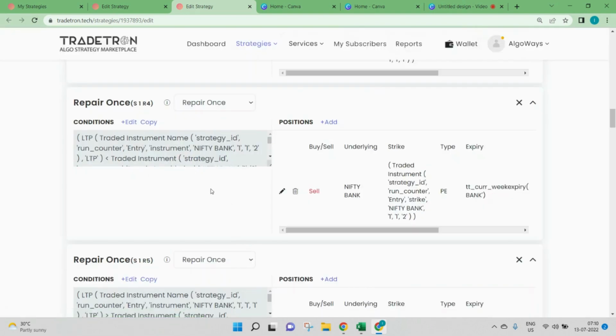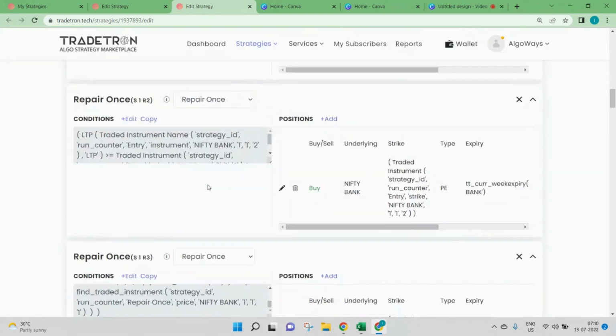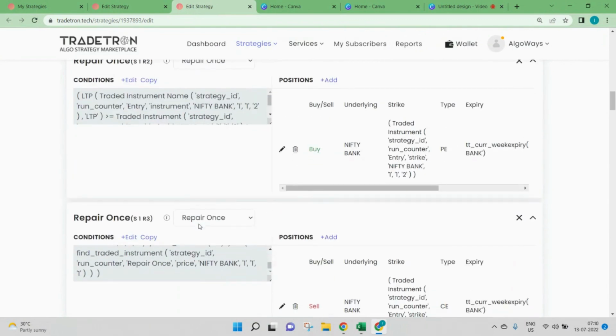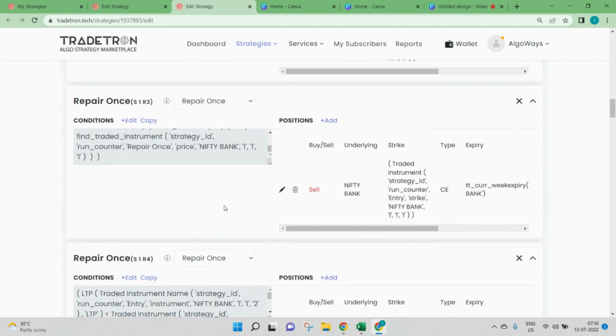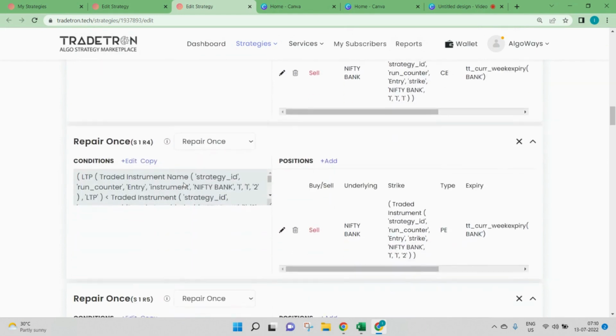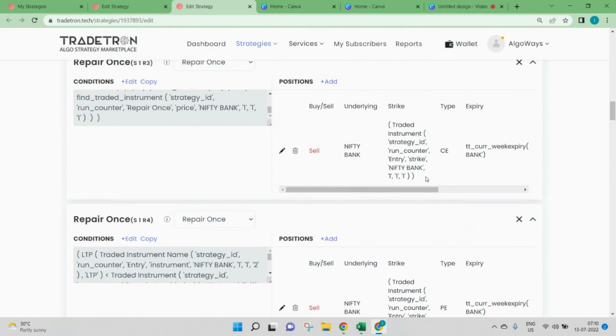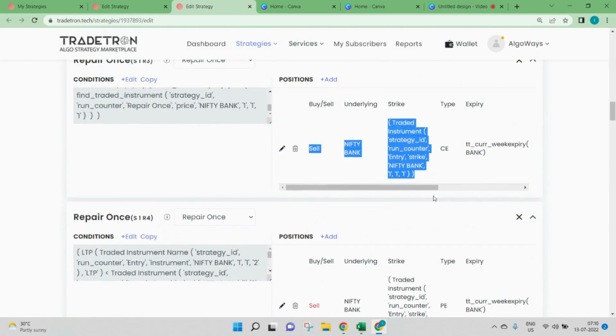Right? So in this case, what we have done, we have exited the legs at 20% stop loss. We have shown how to re-enter legs if the premium retraces down to 85% of the stop loss level by these two conditions. And now we would like to keep a stop loss for these newly re-entered legs.